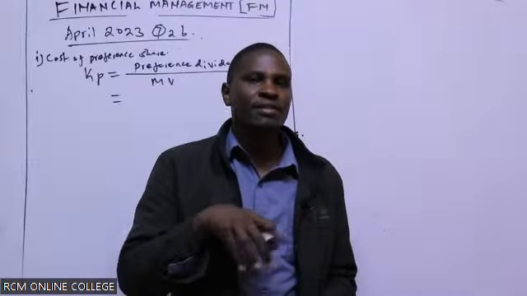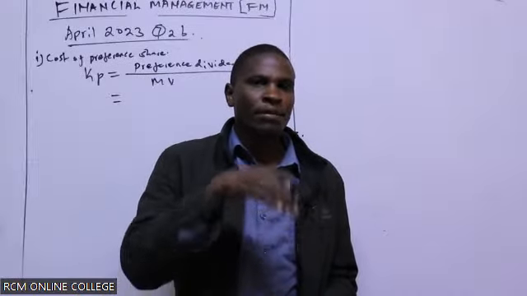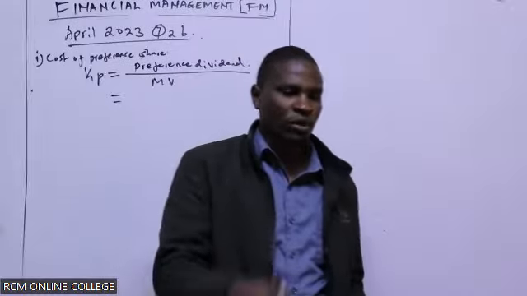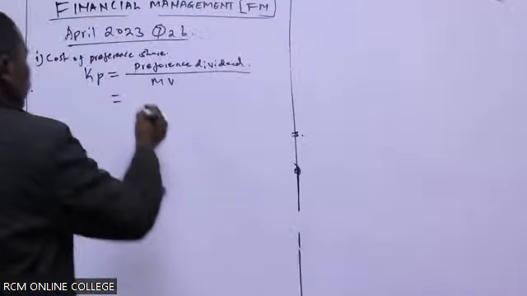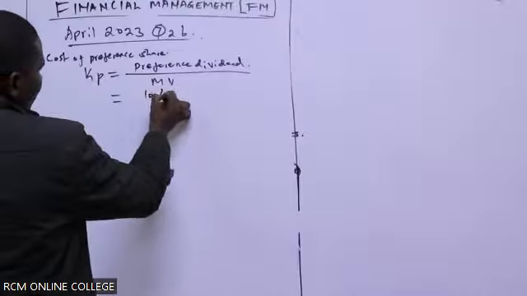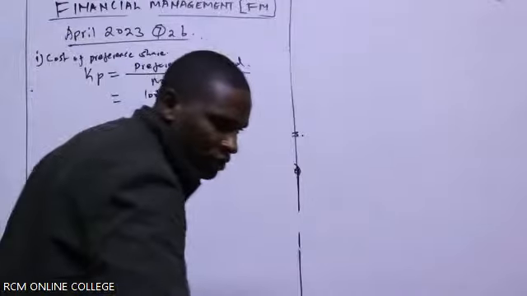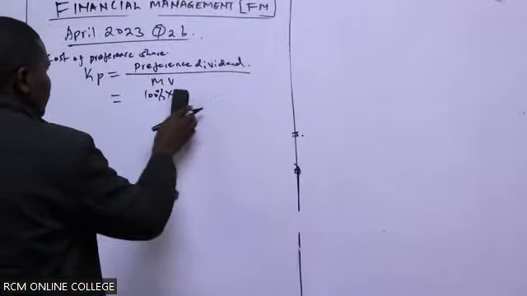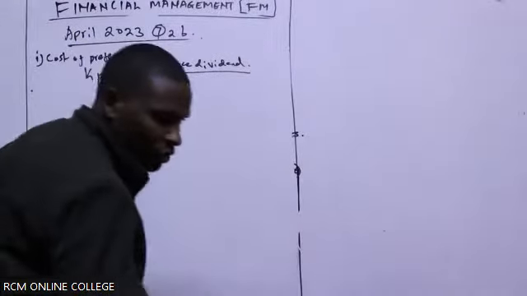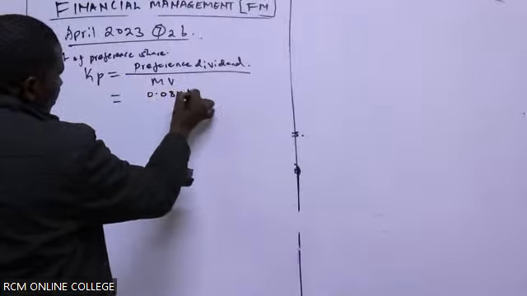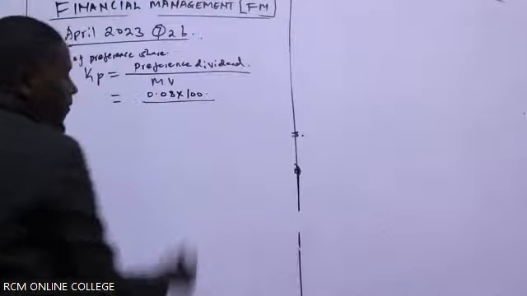How do we get interest from a loan? You take the interest rate times the par, the loan borrowed. So it will be 8%, since we are told the preference dividend is 8. So it will be 8% or 0.08 times 100, divided by market value.